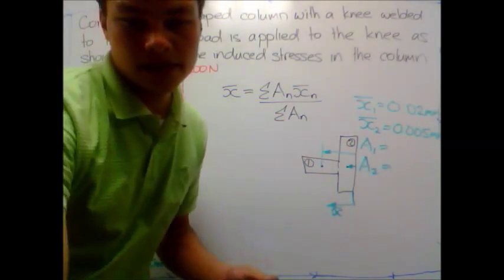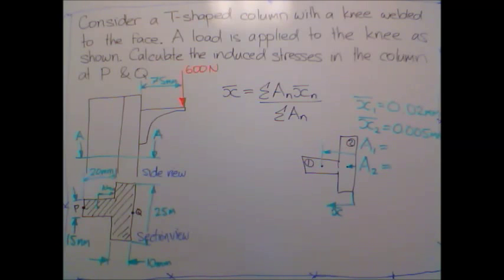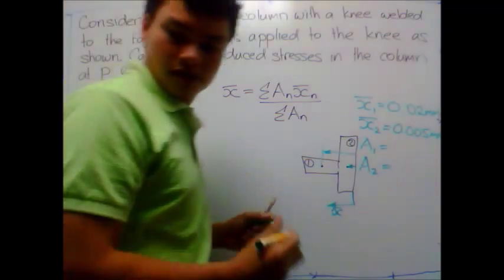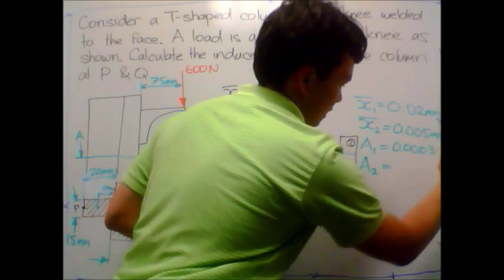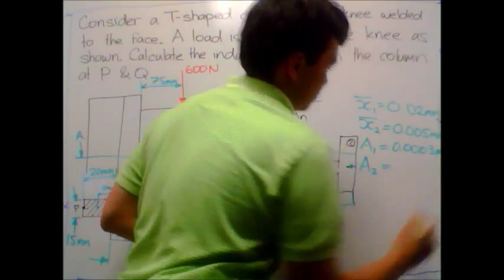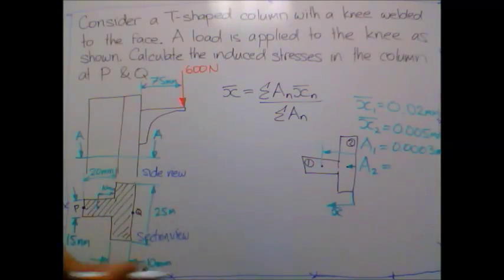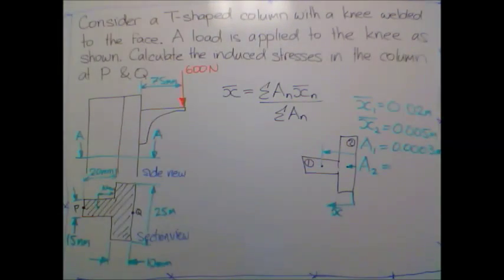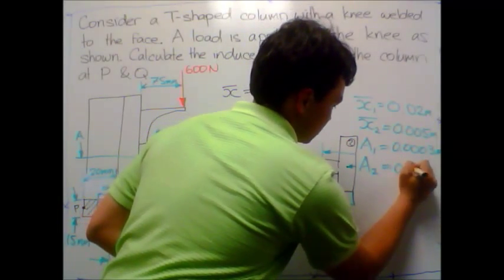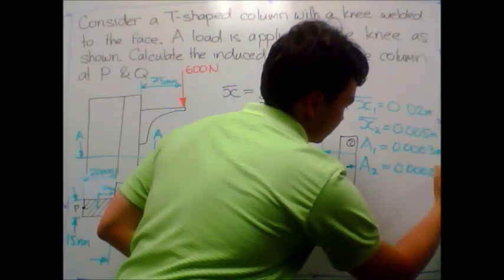Those values will be, for the first shape, 0.0003 meters squared, and my second shape will be 0.00025 meters squared.